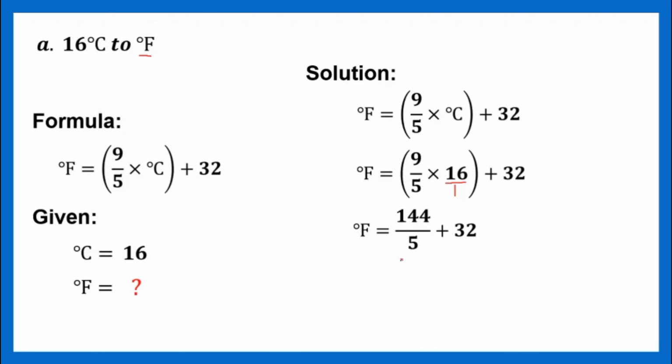So sabi ko nga, very important yung skill natin ng fractions. Kasi kailangan talaga marunong kang mag-times or mag-multiply and mag-add ng fractions. Especially dissimilar fractions. Ayan, so very important yun. So dito naman, after this process, ipa-plus naman natin yung fraction saka yung number. Kasi yun ang lumabas. So 144 over 5 plus 32.